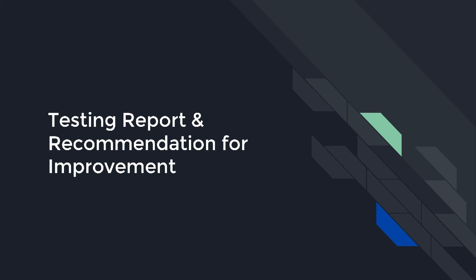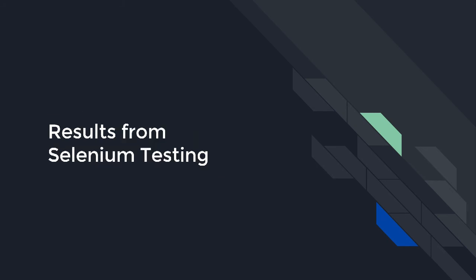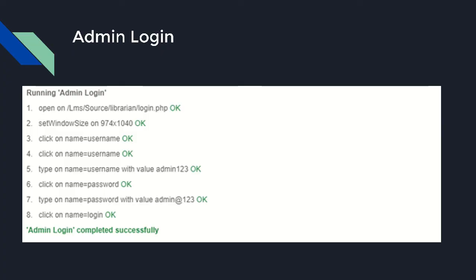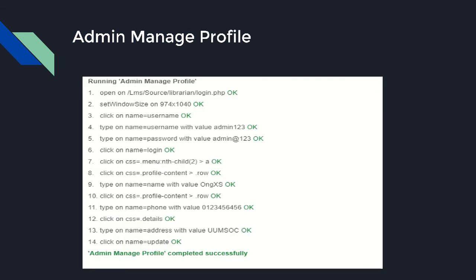Next is the testing report and recommendation for improvement. So result from the Selenium testing. The first one is admin login. It run well and completed successfully. Next is admin manage profile.